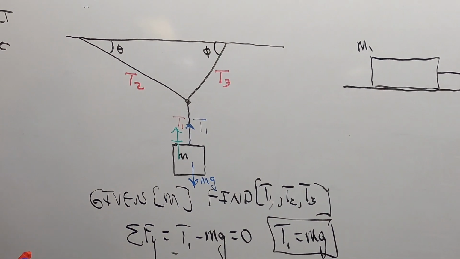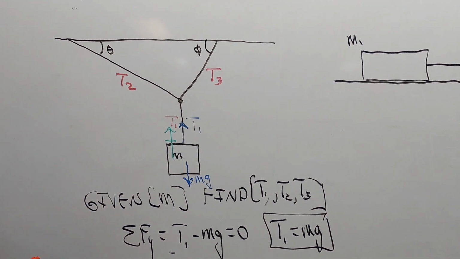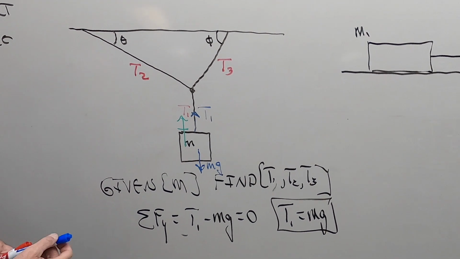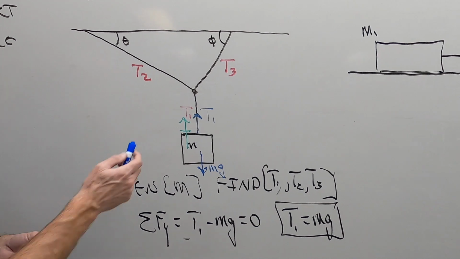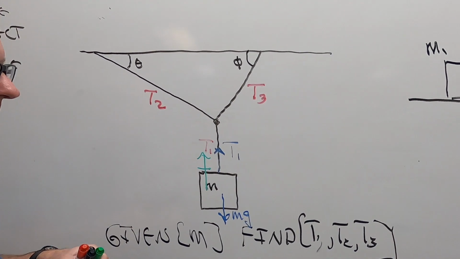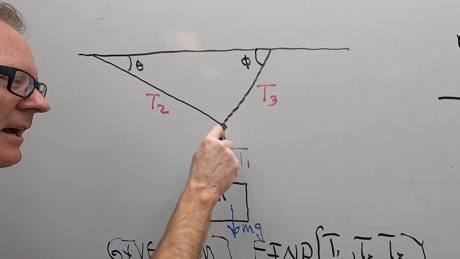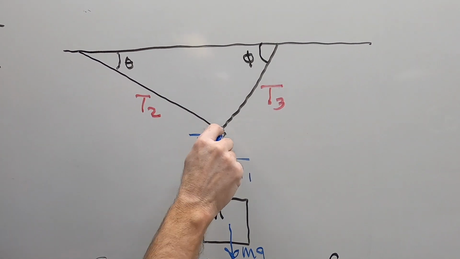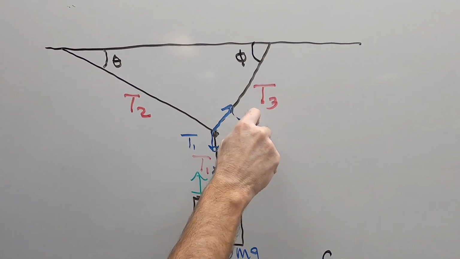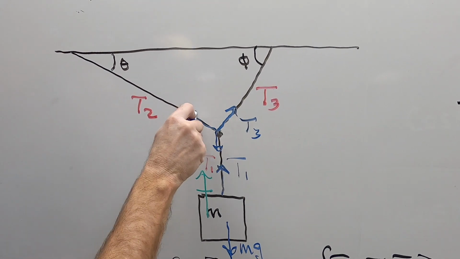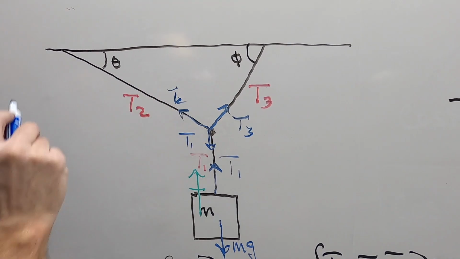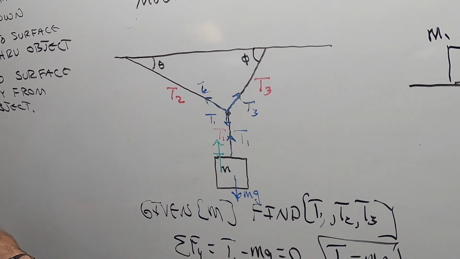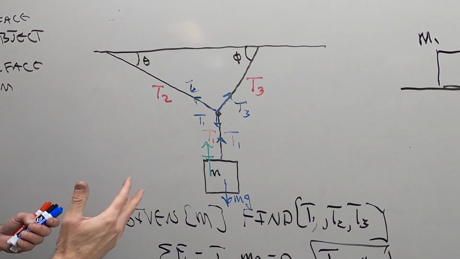Okay, now if we wanted to find T2 and T3, we need something that connects it to T1, and the only thing that does that is the knot. There's a knot right there. If we look at the forces on the knot, there's a T1 coming down. Remember, it's always away from the object. There's a T3 going out that way, and there's a T2 going out this way. We know that knot is in equilibrium, so all the forces balance.